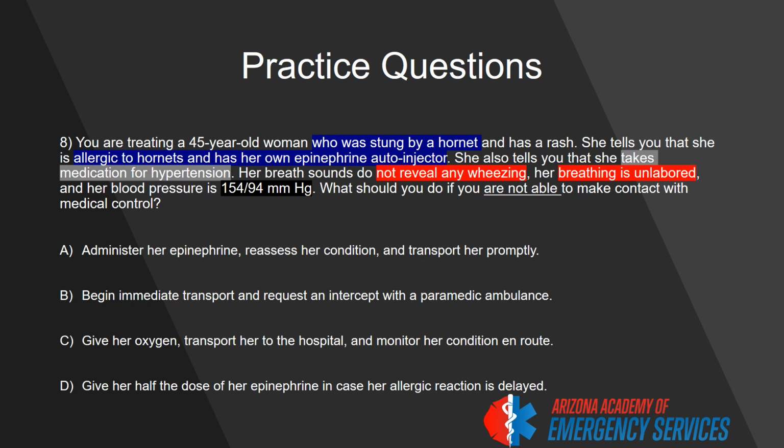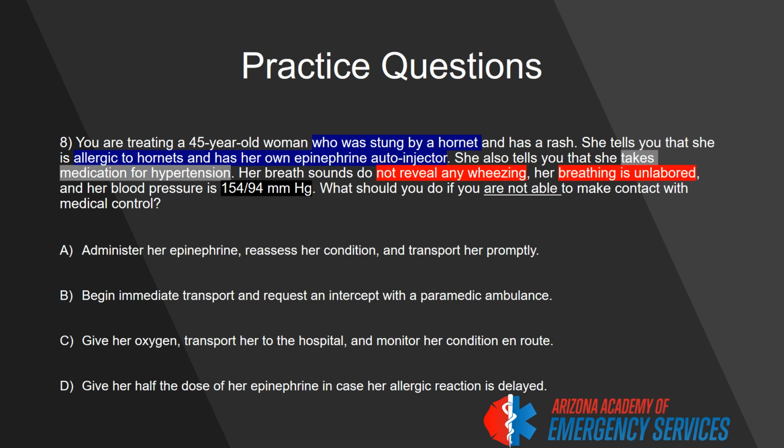But we're going to find out here in the next sentence that we marked red with the hallmark signs and symptoms. Listening to her lung sounds, we don't hear any wheezing, and her breathing is unlabored. This is incredibly significant because it does not matter how severe an allergic reaction is.